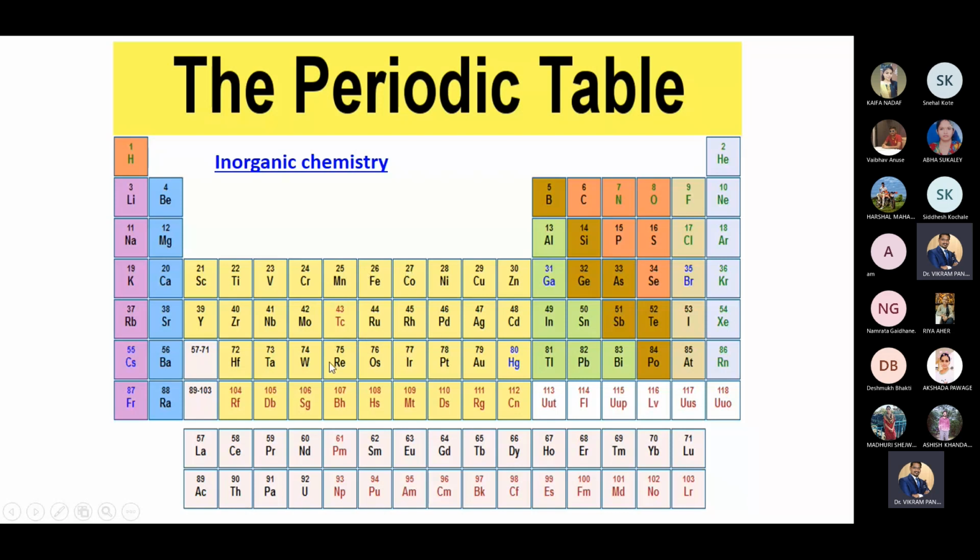I have made a trick for these three. Chromium, molybdenum and tungsten, you will remember as, in Marathi, if you want to take money out of the bank, you can say chromium, कर money withdraw. So you should remember it like this.